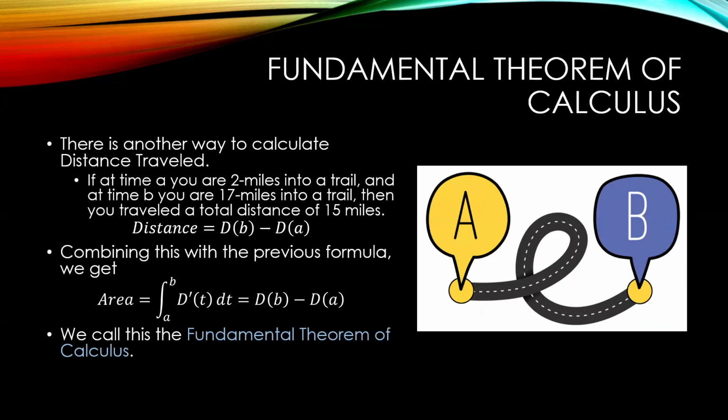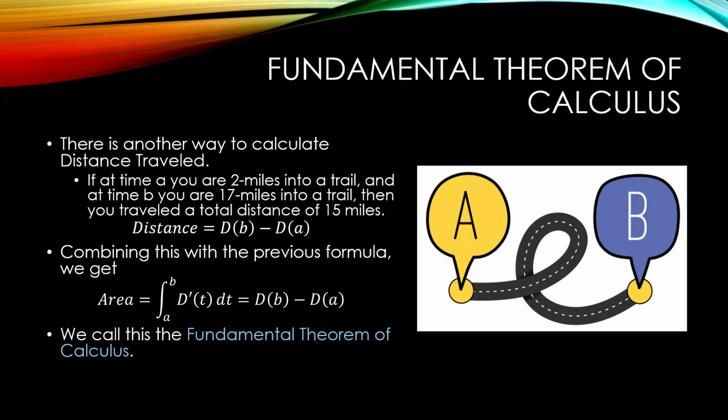Here's the thing. There's another way to measure distance traveled. Let's say at time A, you are 2 miles into a trail, and at time B, you are 17 miles into a trail, then the total distance you've traveled is 15 miles. Basically, the distance at the end minus the distance at your start is going to be your total distance.